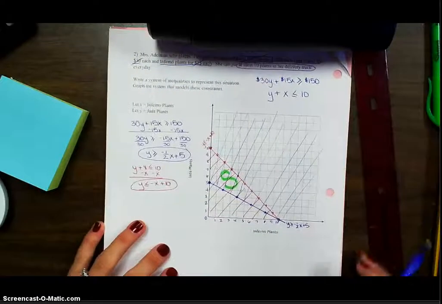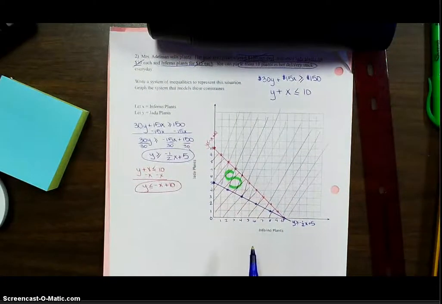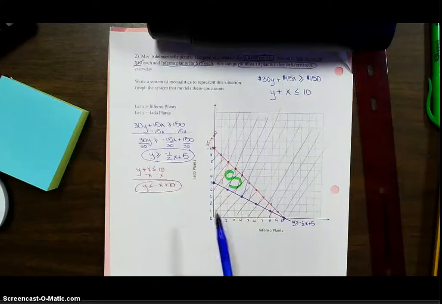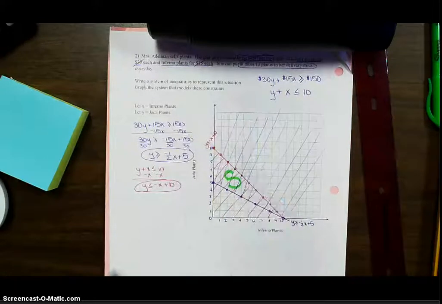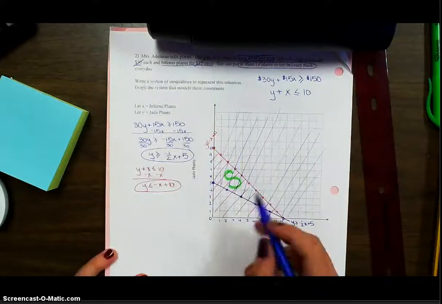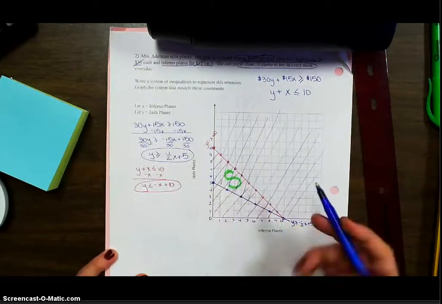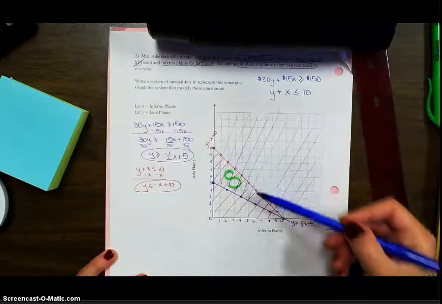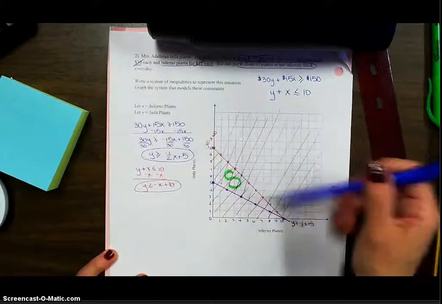If I were to ask you how many Inferno plants and Jada plants Mrs. Edelman would have to sell to make her $150 a day, you could pick any of the combinations in this solution set, because she's never putting more than 10 items in her truck and they will all make at least $150.